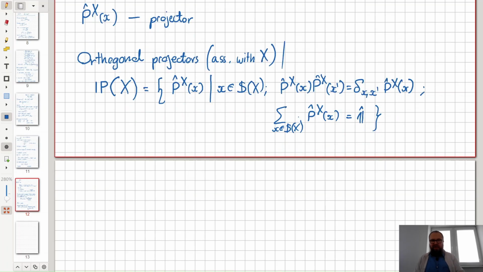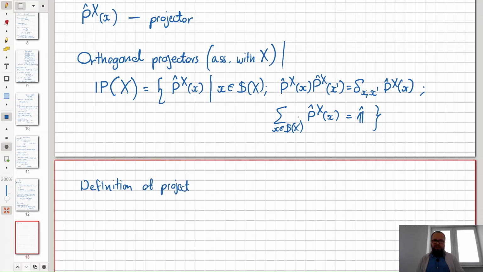Because as a matter of fact, this can serve as a definition of projector.